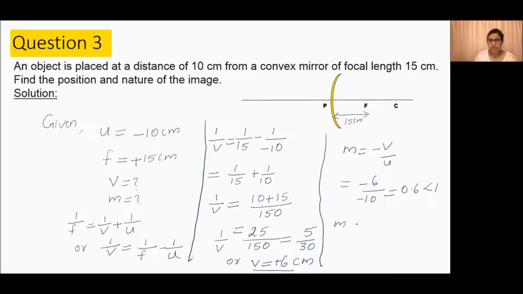So M is equal to 0.6, which is also a positive value, which is less than 1, which means the image is virtual, erect, and diminished. So this is the nature of the image.